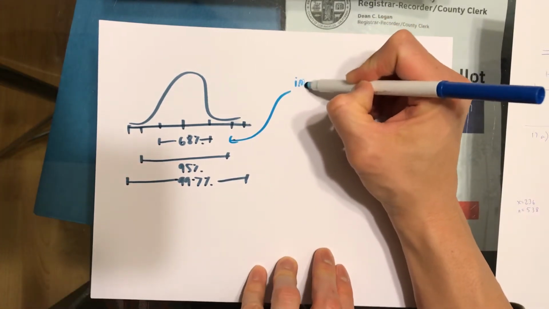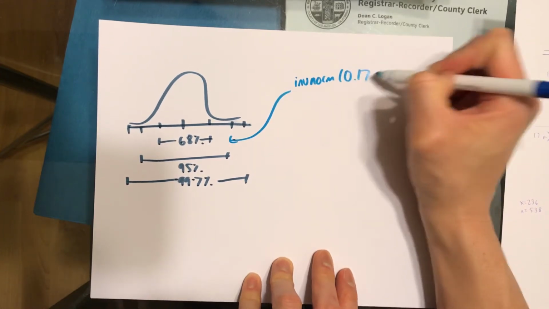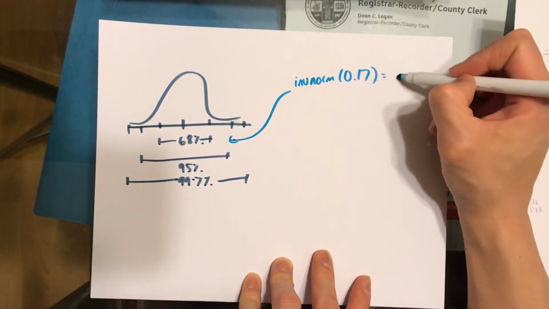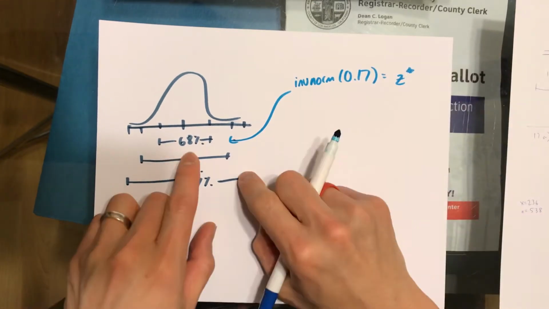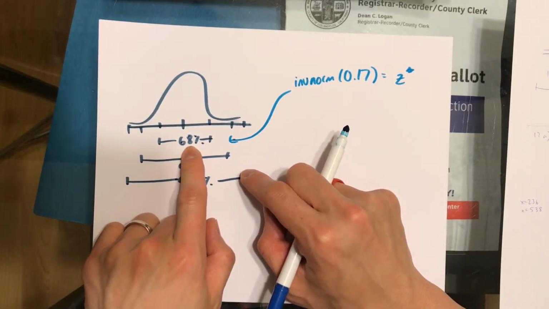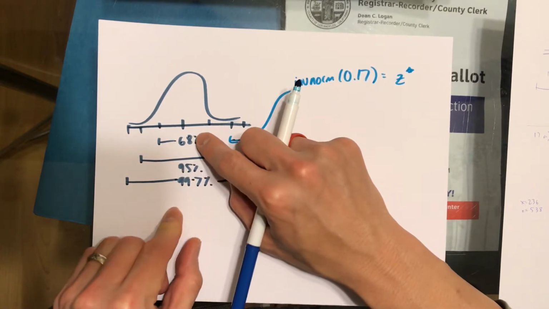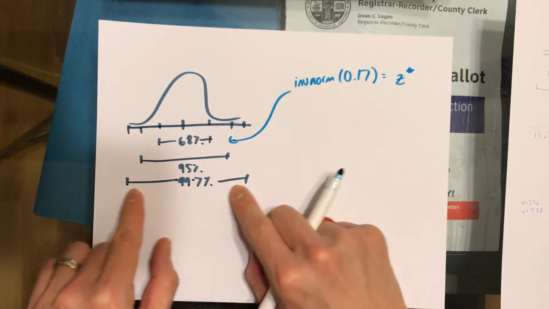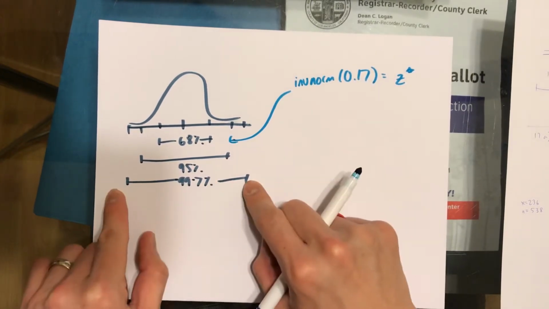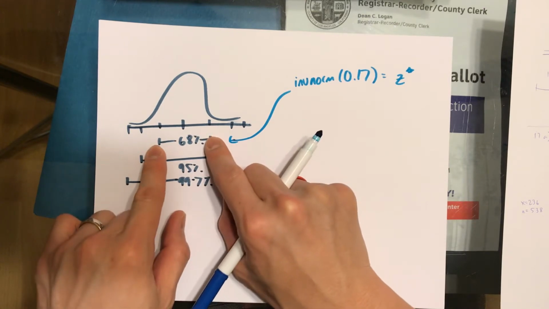So if you do inverse norm of that area, that'll give you the critical value for a confidence level of 68%. You guys remember, as your confidence level increases, so does the size of your interval. As your confidence decreases, so does your interval.